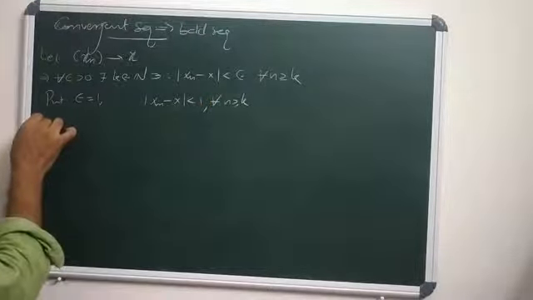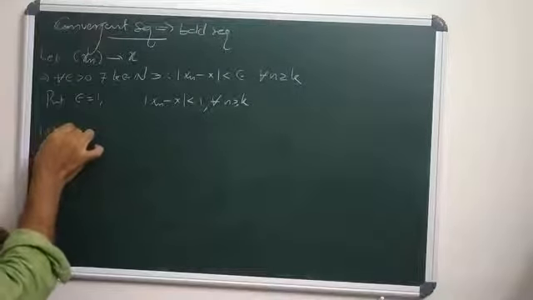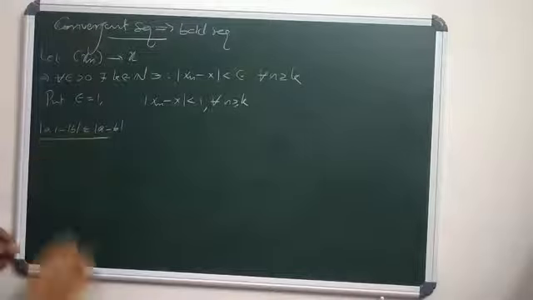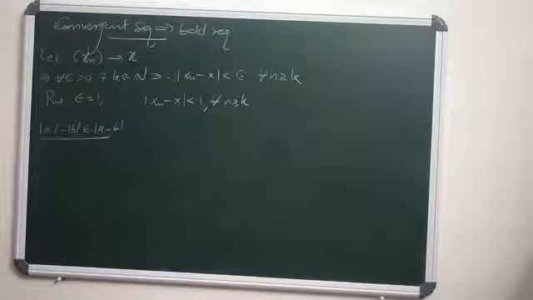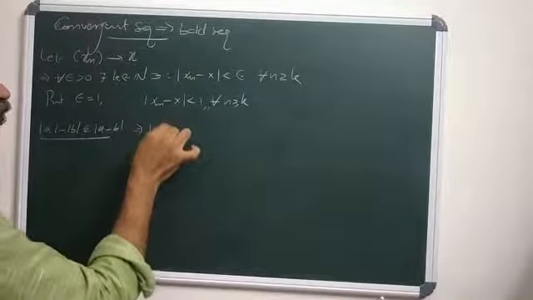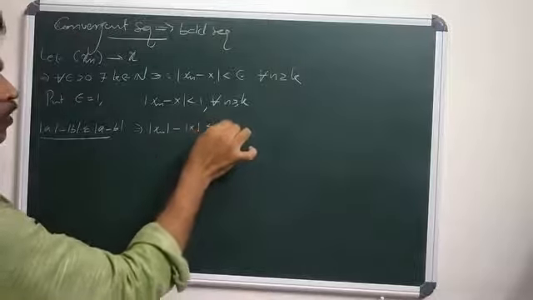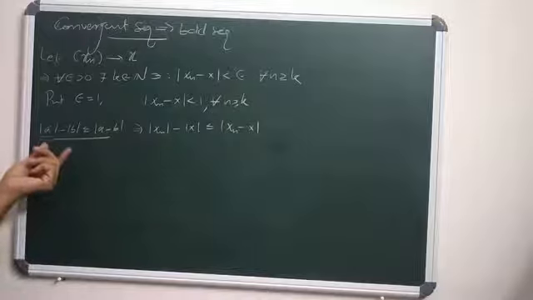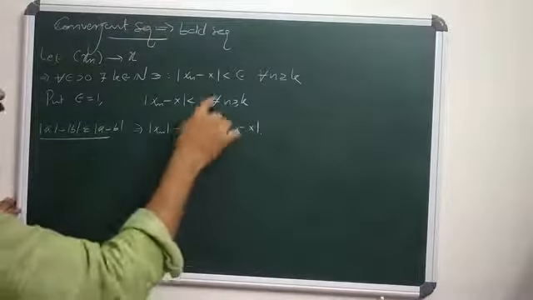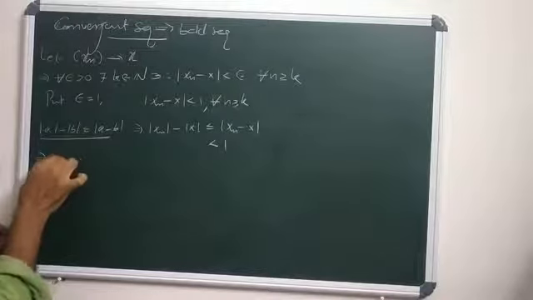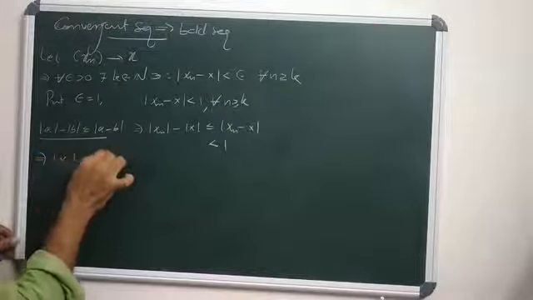But we know that modulus of mod a minus mod b is less than or equal to modulus of a minus b. So modulus of mod x_n minus mod x is less than or equal to modulus of x_n minus x. But mod x_n minus x is strictly less than 1. So modulus of x_n is strictly less than 1 plus mod x.